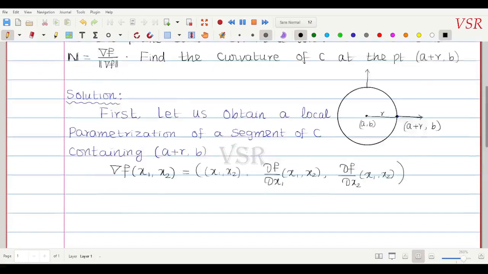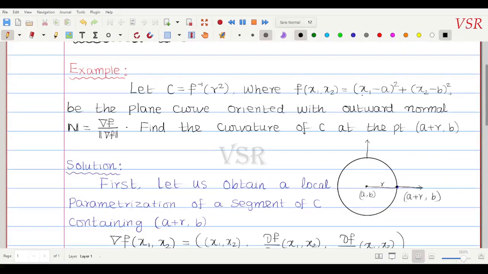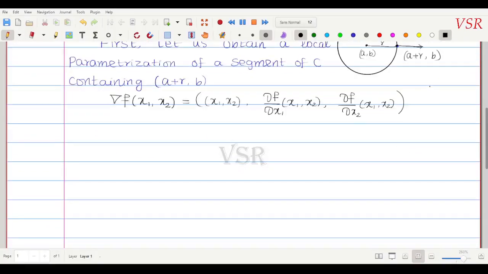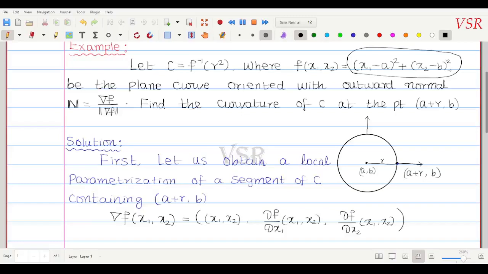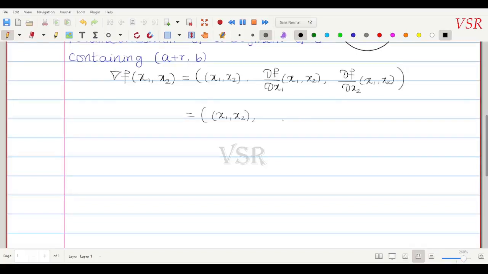What is f given? It is given as x1 minus a the whole square plus x2 minus b the whole square. Using this I am going to calculate the derivative with respect to x1 and with respect to x2. Differentiating with respect to x1 gives 2 times x1 minus a into 1, and the other term becomes 0. So this is equal to 2 times x1 minus a, comma 2 times x2 minus b.